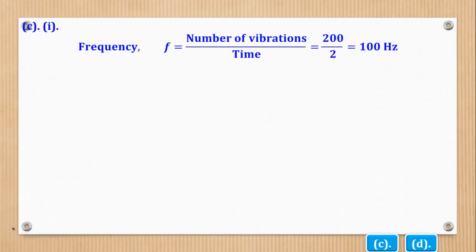So frequency will be number of vibrations over time, which is 100 in 2 seconds to give you the frequency in hertz. Then Roman 2, we know that v is equal to f lambda, where v is velocity, f frequency, lambda wavelength. So substitute for velocity and frequency, then get wavelength. And that was part C.